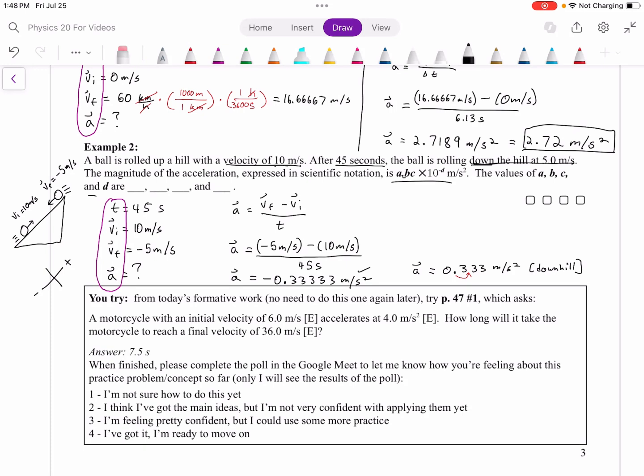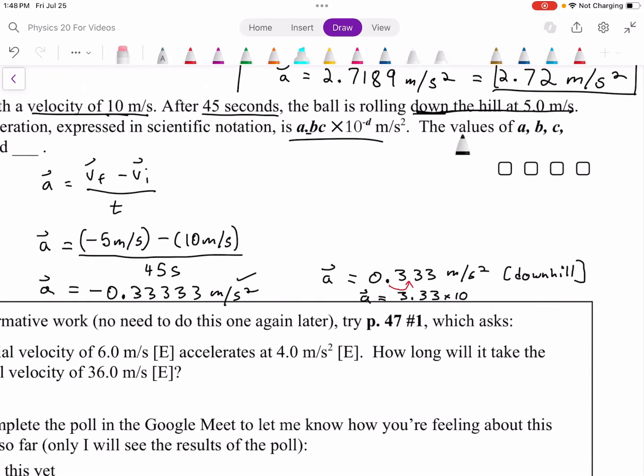So our acceleration is 3.33 times 10 to the power of, and how many places we moved the decimal will be the exponent. We only moved it once, but remember, this is going to be times 10 to the power of -1, because this indicates that we are really taking 3.33 and dividing it by 10 once to get our answer. 10 to the -1 means divide by 10 once. So there would be our answer.